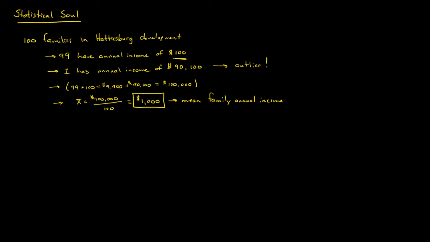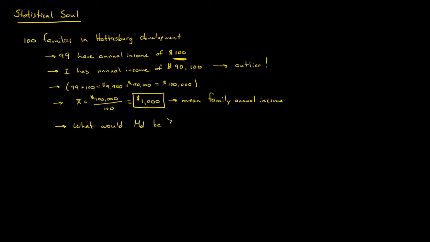What's interesting is no family other than the one has an annual income that's even close to 1,000. In fact, that would be 10 times more than the other 99 families that have an annual income of 100. This is a completely misleading scenario. But if you looked at the median, what would the median be?